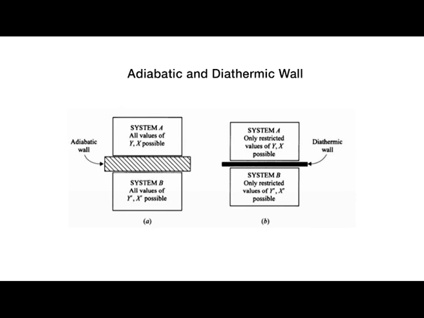The dashed line shows the adiabatic wall. With an adiabatic wall, for system A all values of x and y are possible. If the two systems A and B are separated by a diathermic wall, only restricted values of y and x are possible.